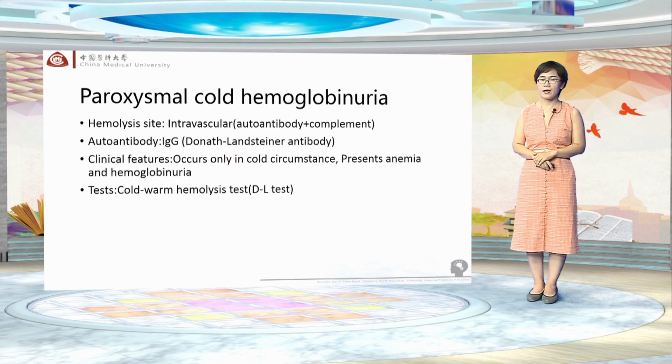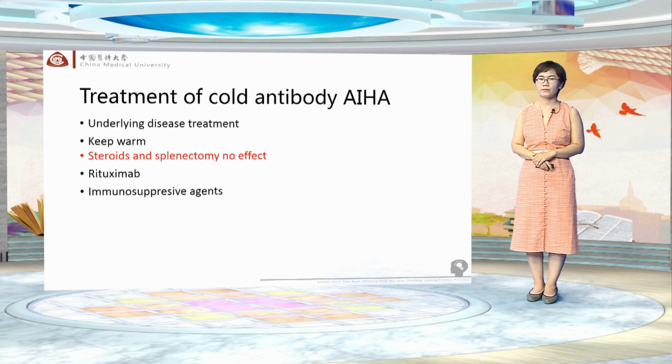Cold-warm hemolysis test, also called DL test, is positive. DL antibody can bind to red blood cells at 0 to 4 centigrade and fix the early components of complement. When returning to 37 centigrade, later components of complement are activated, leading to hemolysis. This is why hemolysis occurs after cold environments.